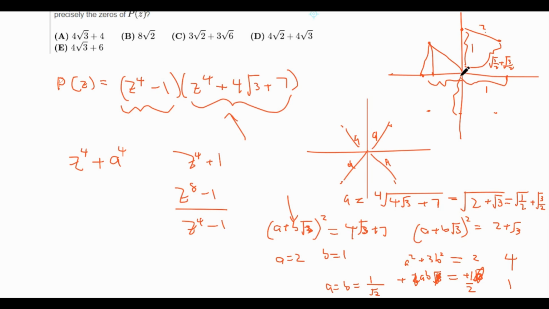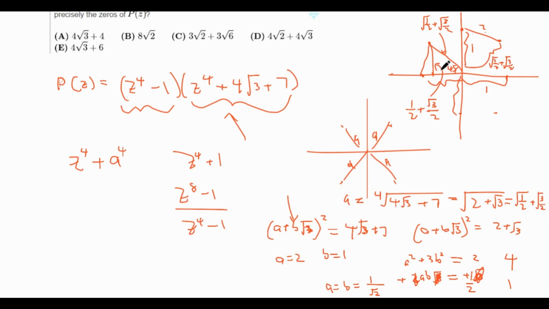Well, first of all, if this distance is square root of 1/2 plus square root of 3/2, that means since this is a 45-90 degree triangle, the length of this leg is equal to square root of 1/2 plus square root of 3/2 over square root of 2, which is just equal to 1/2 plus square root of 3 over 2.